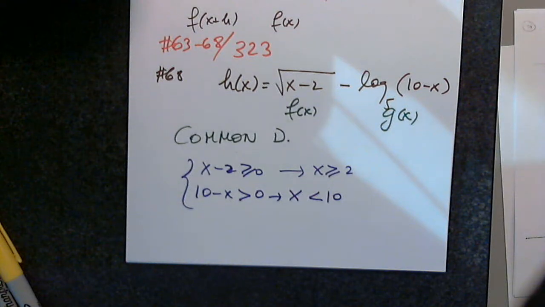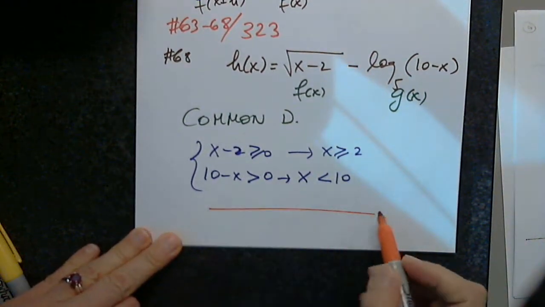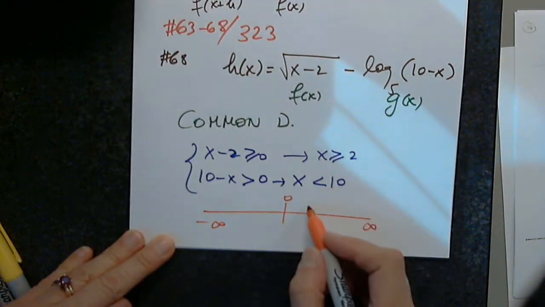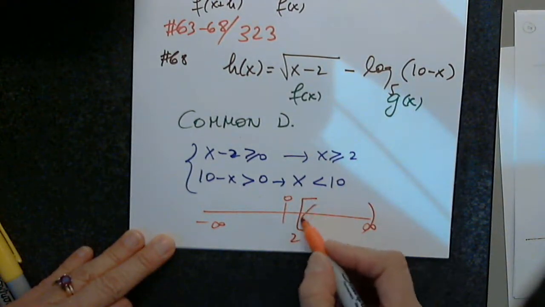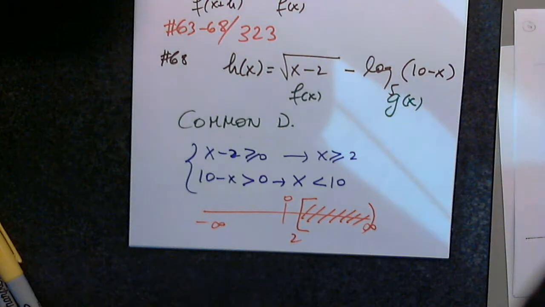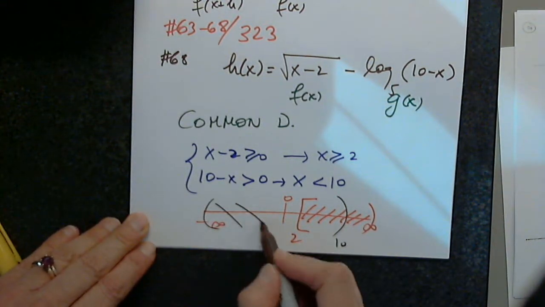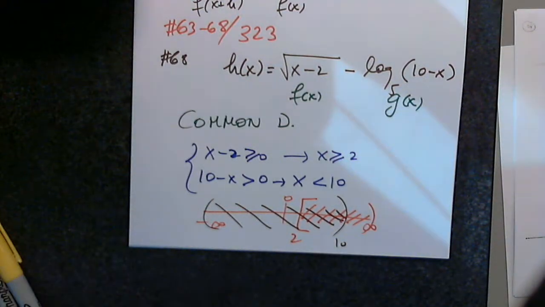Now, of course, if you feel that there is a need to graph this, graph it. No units are required. Just a simple graph, 0 in the middle, negative infinity to infinity. Greater than or equal to 2 is this. And less than 10 is this. So if orange and brown overlap, then h of x makes sense.